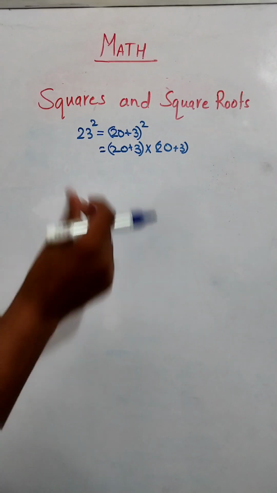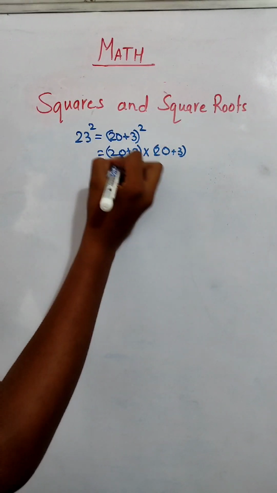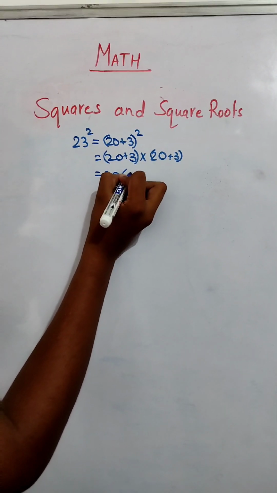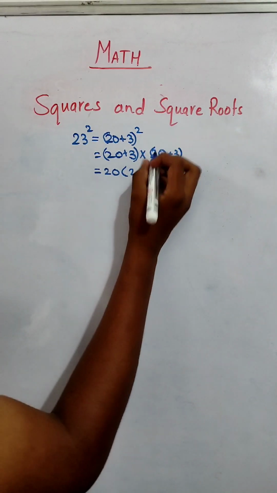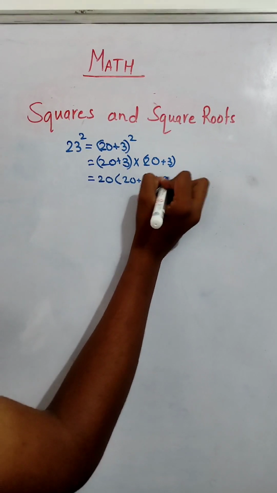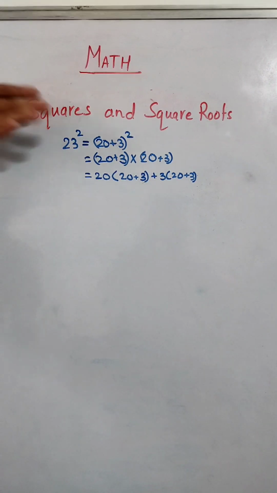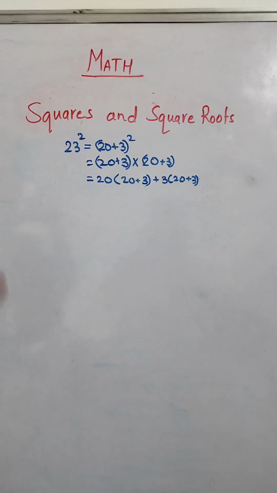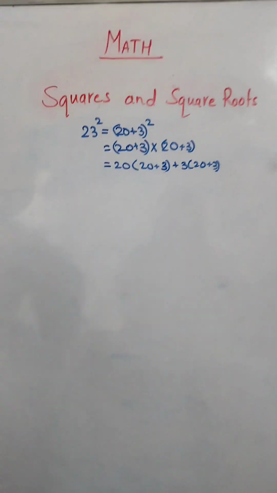multiplication. We can apply a multiplicative formula, that is, to multiply both of these. We can write it as 20 into 20 plus 3 plus 3 into 20 plus 3. We might have to do more steps while solving this, but it will be a lot simpler in the end, as we are multiplying with smaller numbers than the bigger ones.